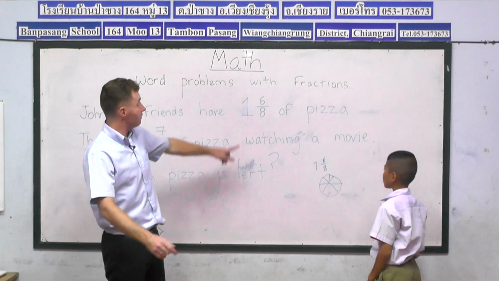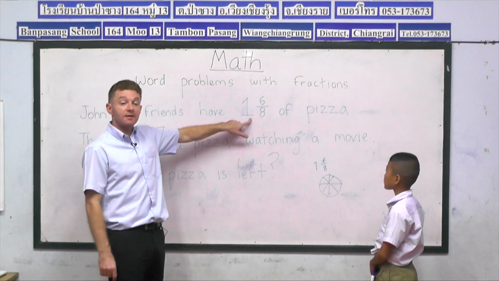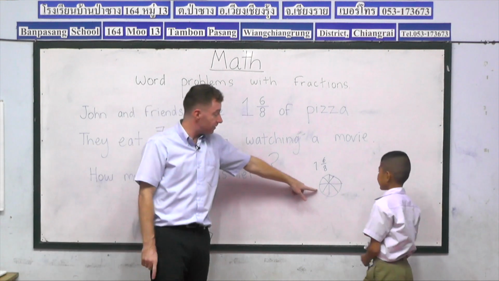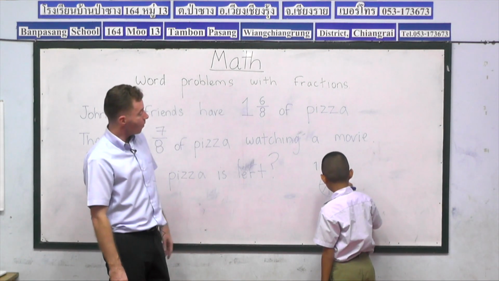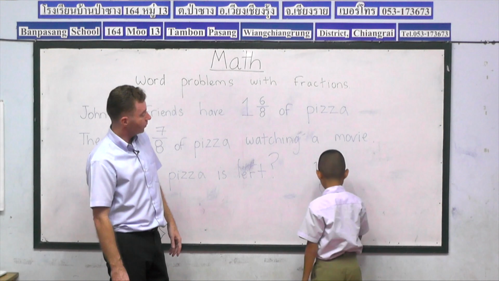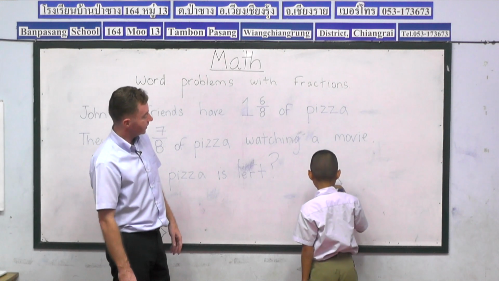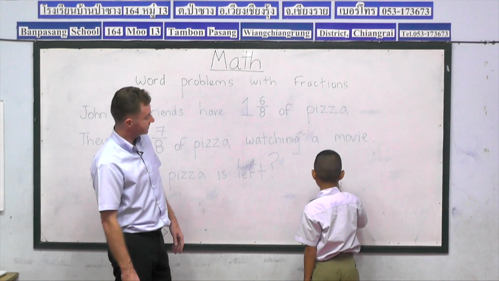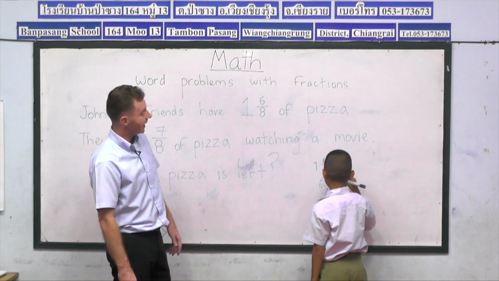Excellent. And how many parts of our pizza? 1. All of it needs colouring in blue. So 8 parts, guys. 1, 2, 3, 4, 5, 6, 7, 8.